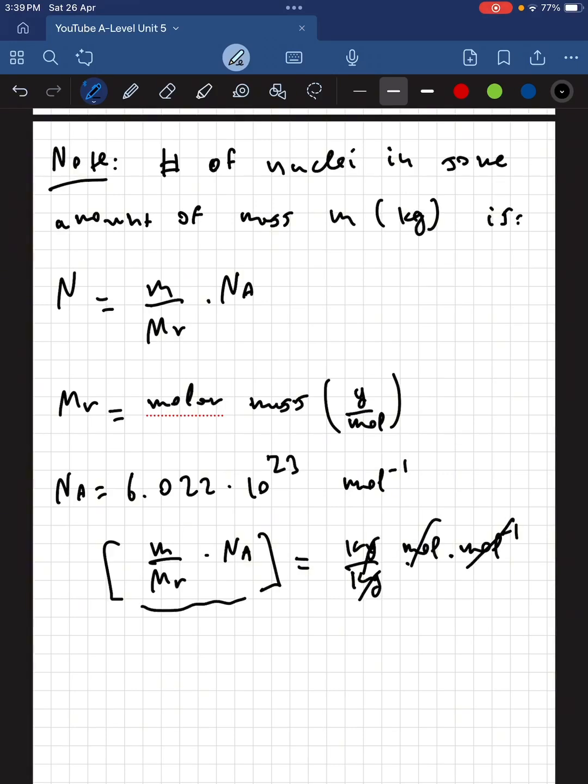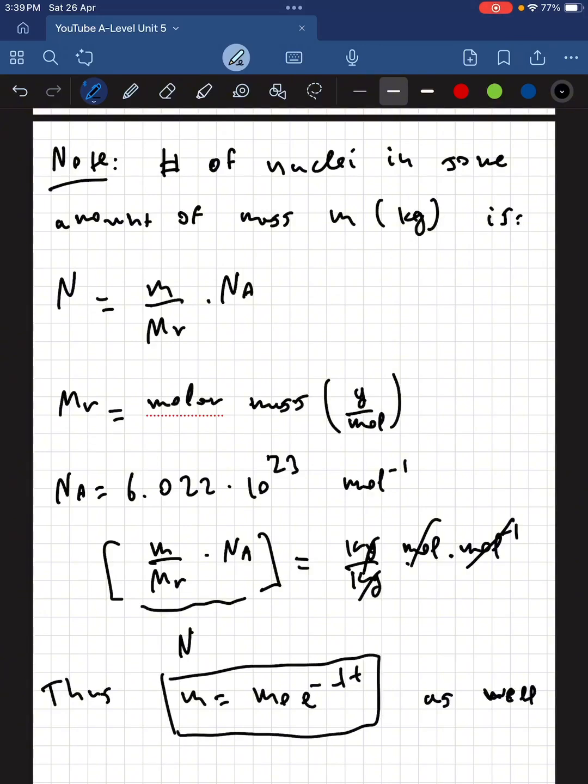So indeed, this is a unitless quantity, which is the number of nuclei. But anyway, I'm mentioning all these because the mass is also following the exponential decay law, okay? It's very rarely used though, okay?